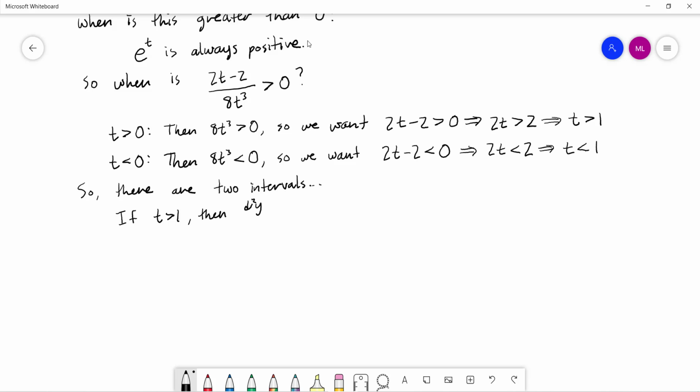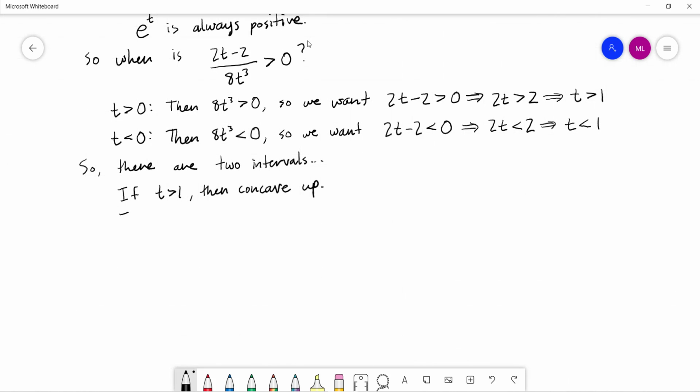So then I should just write, then it's concave up. Our second derivative is positive. Also, if t is less than 0, then it's concave up.